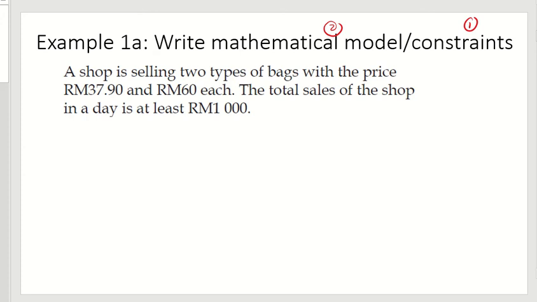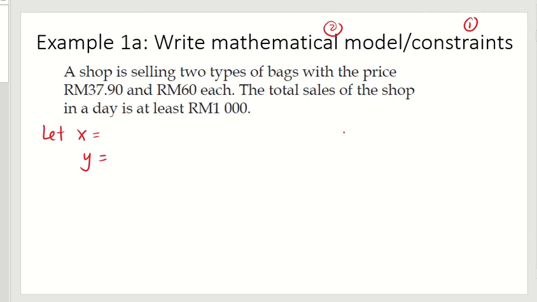Yes, you have to let x equal to what, y equal to what, because it involves two unknowns, right? The question didn't indicate x equals what, y equals what, so you have to state it yourself.